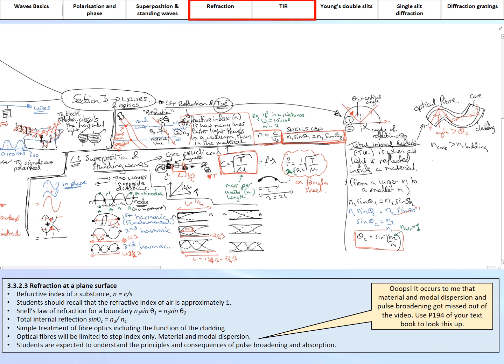Well, supposing that you had an optical fibre with a nick in it, like so. The light would come in, and then would hit the scratch and leave the fibre, and that would be no good. So the point of the cladding is to prevent damage. But it also does something else.